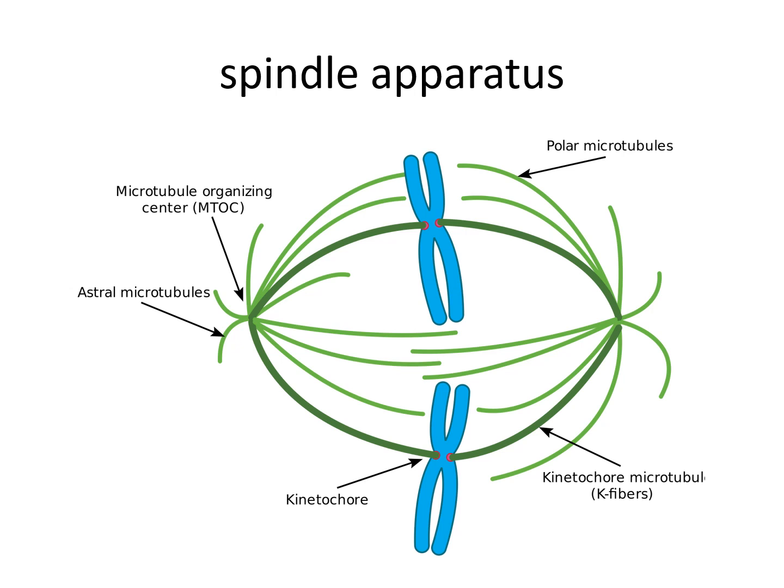So they serve as the spindle apparatus during cell division. So that is also very important, microtubule. They have to be disassembled and assembled very rapidly in order to provide that kind of dynamic change.